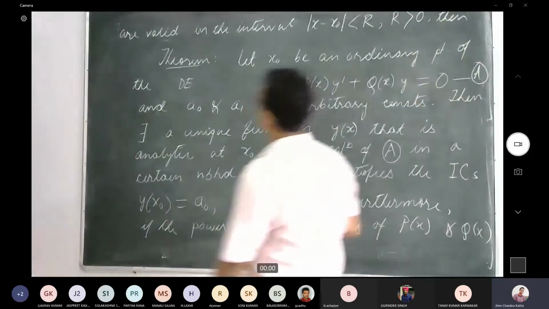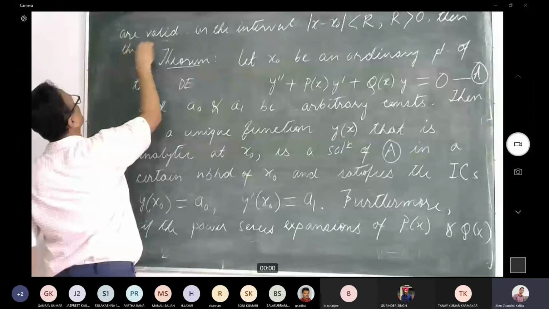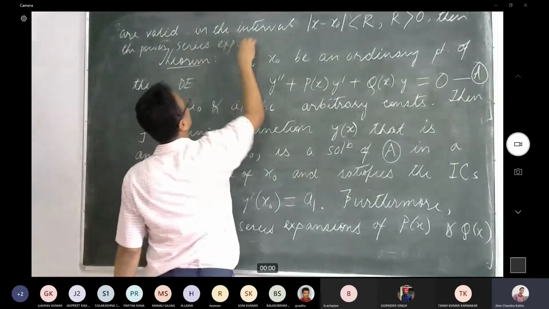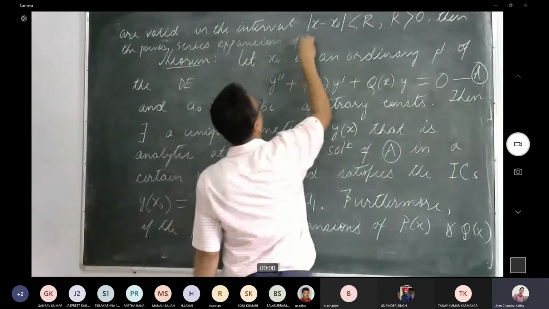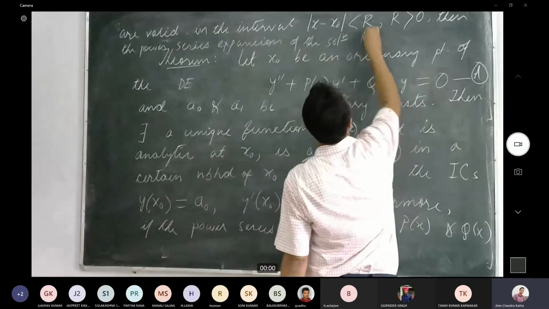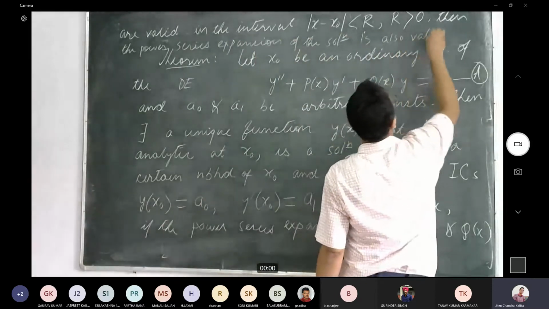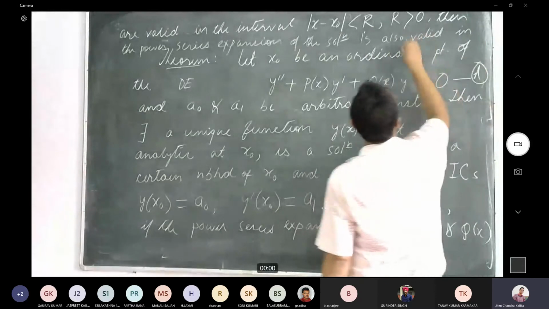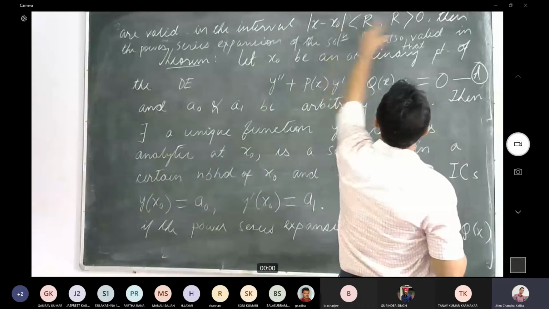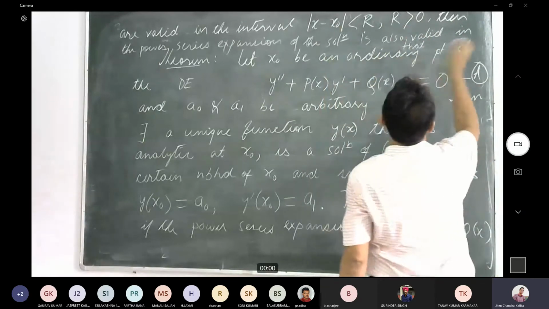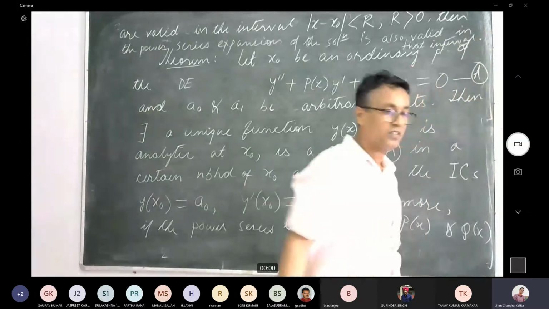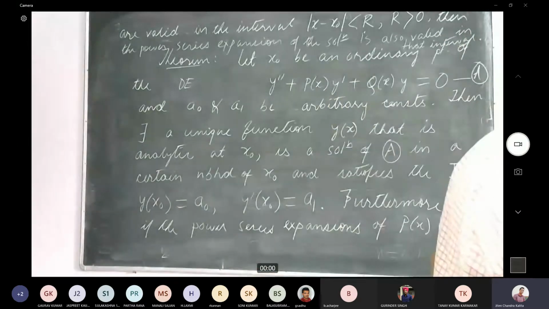Then the power series expansion of the solution is also valid in that interval, or you can say that it also converges with the same radius of convergence in that interval. Is it okay? So it is the same interval.